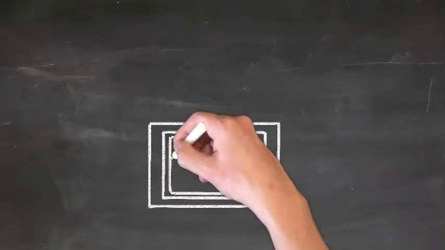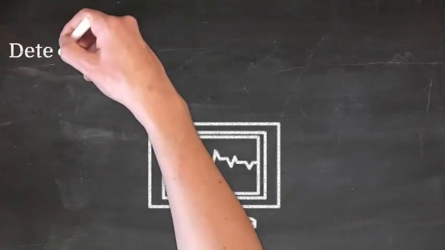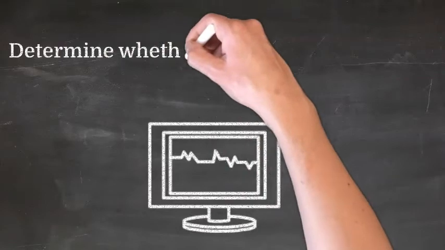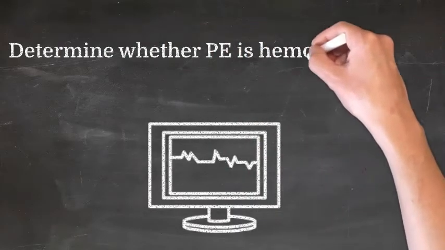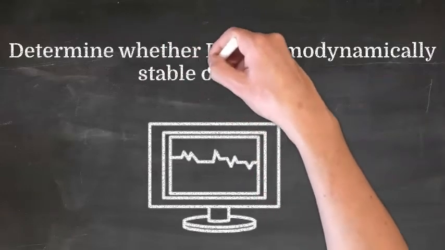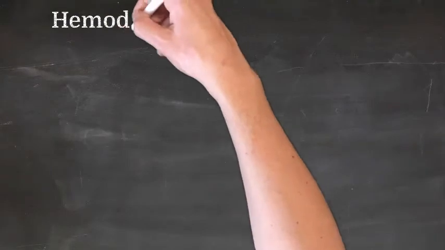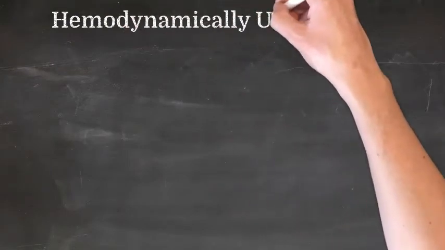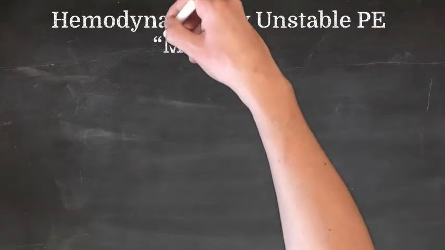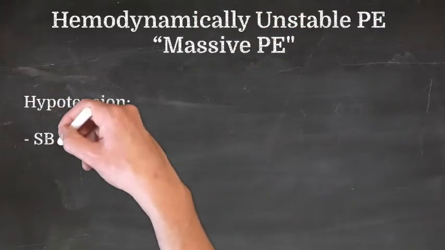So now that you have made a definitive diagnosis of PE, how then are you going to proceed with treatment? Well, that depends on whether your patient is hemodynamically stable or unstable. So that is the first thing you will determine. Hemodynamically unstable PE, otherwise known as massive PE, is primarily defined by hypotension.